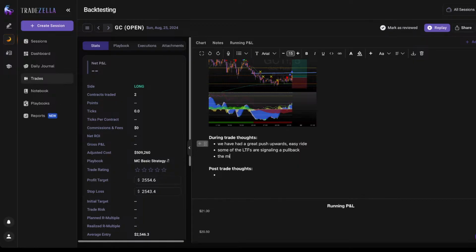The mid time frames and higher time frames still look like there is juice left to squeeze. Confident. Well, that's besides the point.